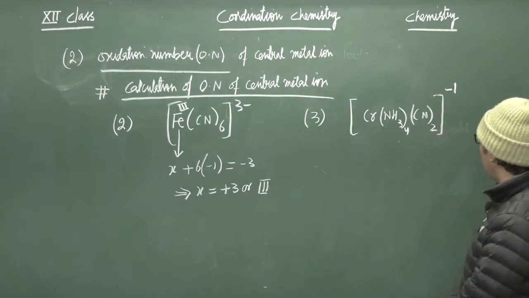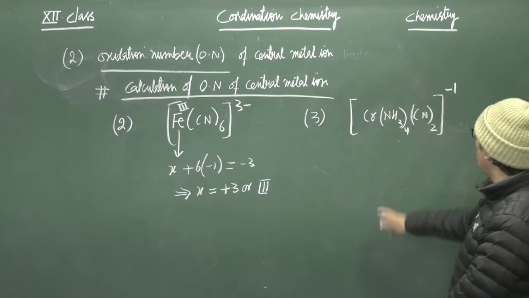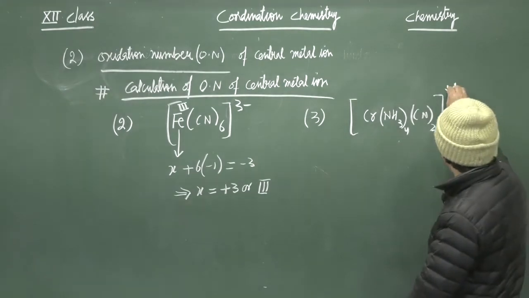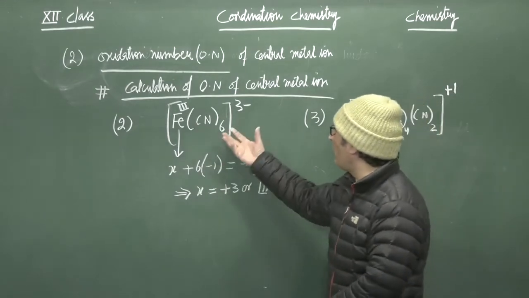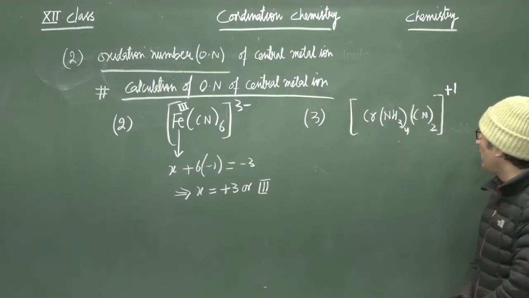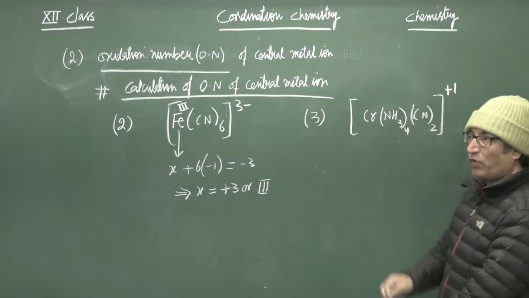So I dealt with a neutral molecule, then a negatively charged one, now a positively charged one. You are asked to calculate the oxidation number of chromium.